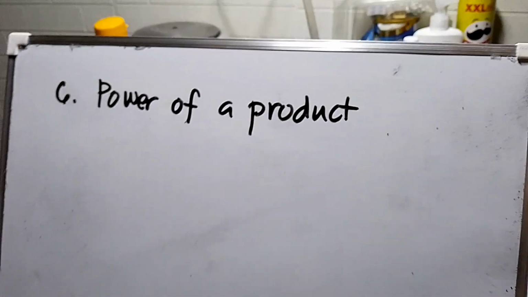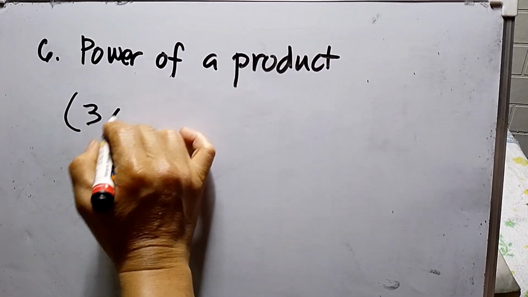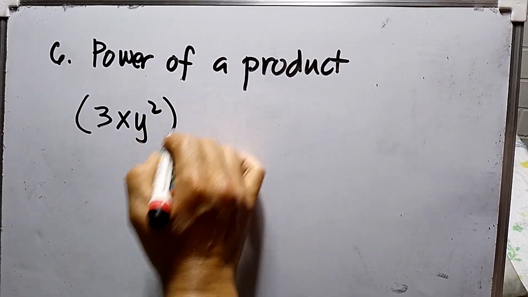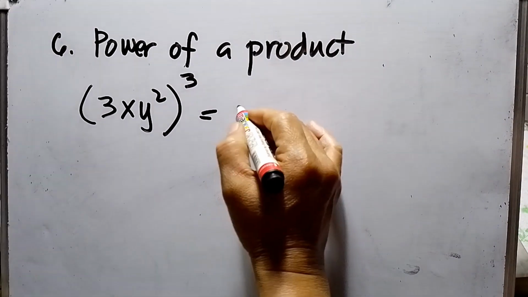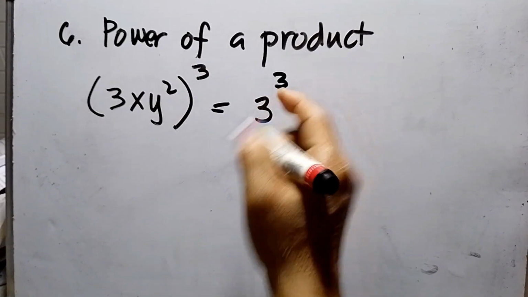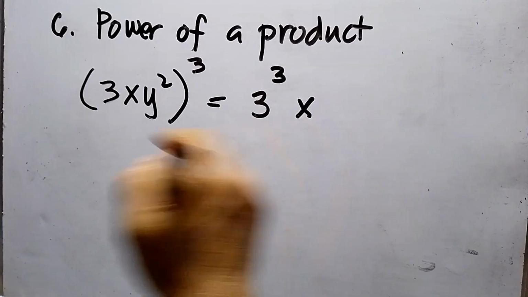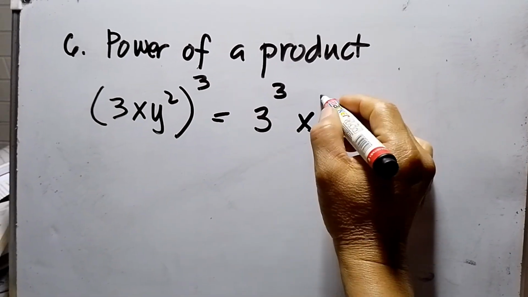For example, in parentheses, 3x y squared, raised to the third power. So I need to copy the base and then raise to the exponent of 3. Since there is an invisible 1 in here, this will be 3 times 1 is 3.